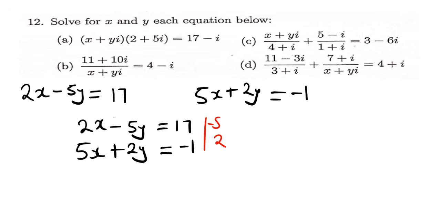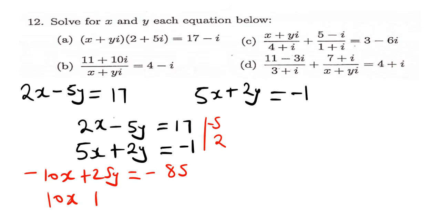So this will be negative 10x plus 25y is equal to negative, that is 5 multiplied by 17, that is 85. Then when we come down, 2 multiplied by 5, that is 10x plus 4y is equal to negative 2. Then we add.